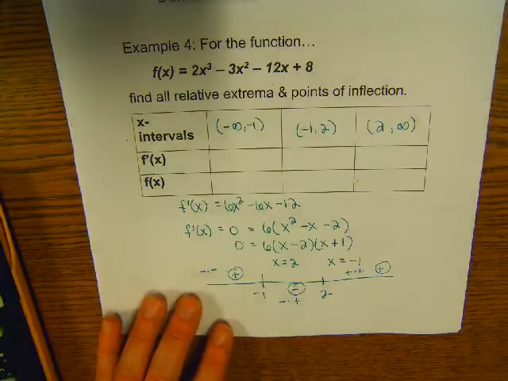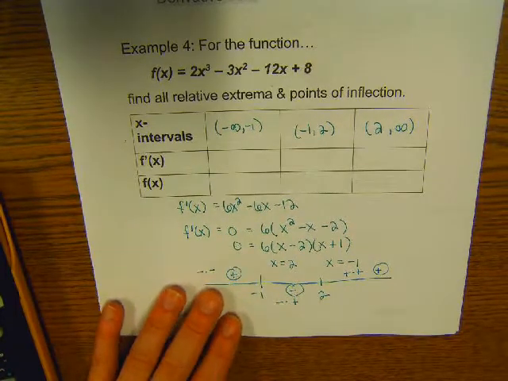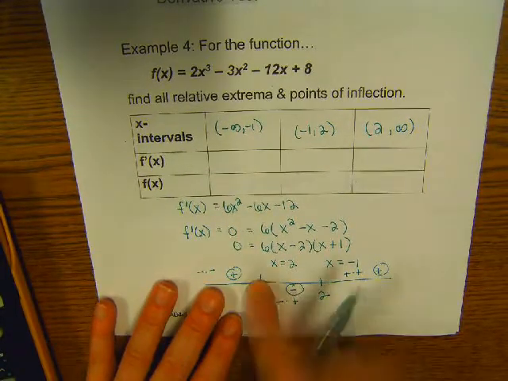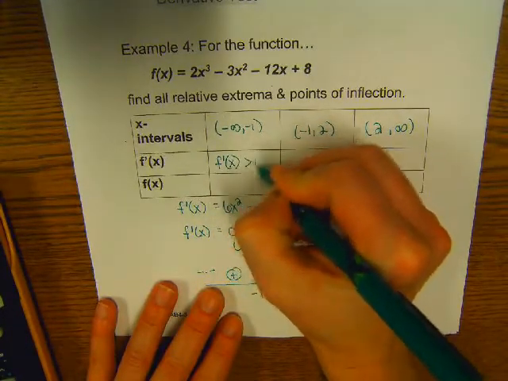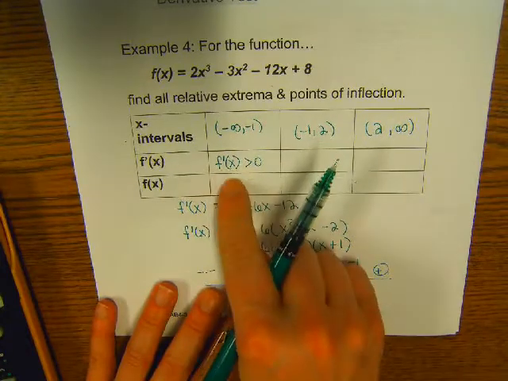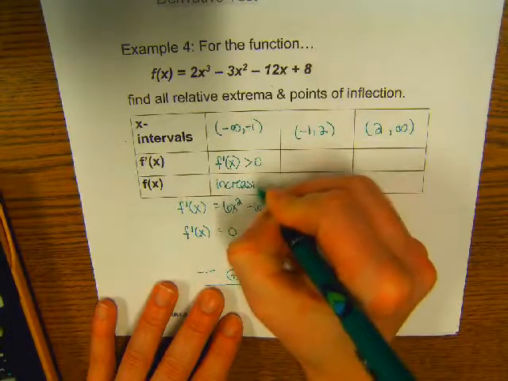So I go up to my table. What that means then is this is greater than 0. If the derivative is greater than 0, that means the function is increasing.